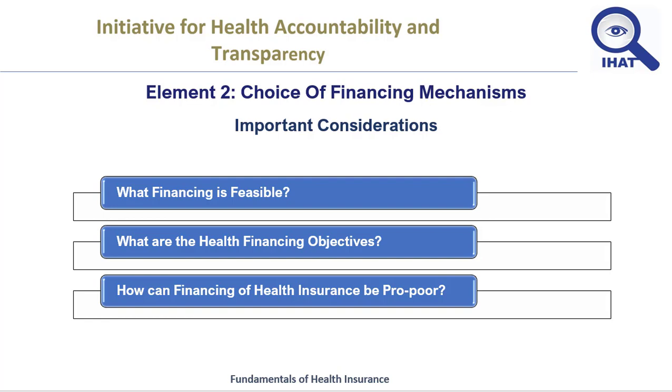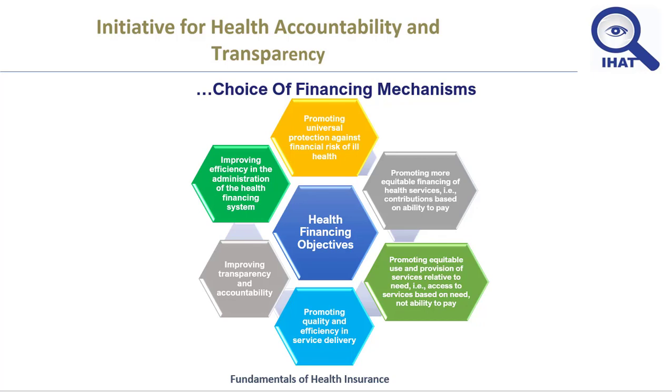As suggested in the World Health Organization's World Health Report of 2000, health financing objectives might include the following: promoting universal protection against financial risk of ill health. Another objective is promoting more equitable financing of health services.